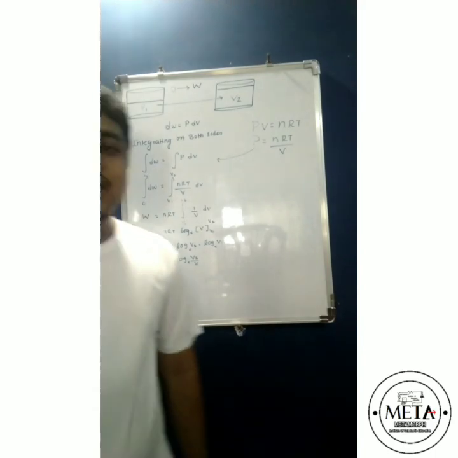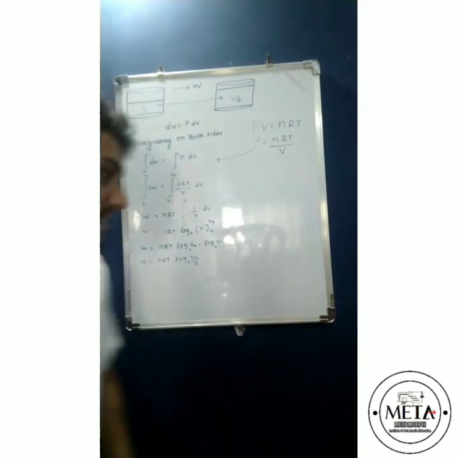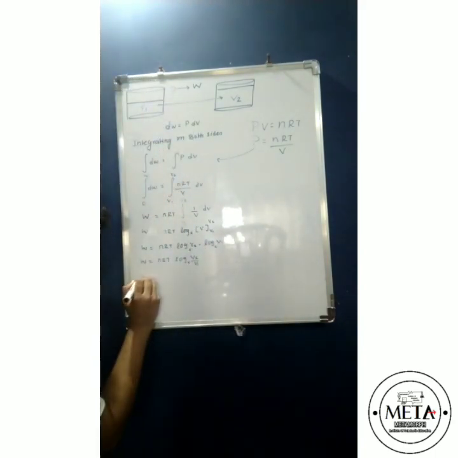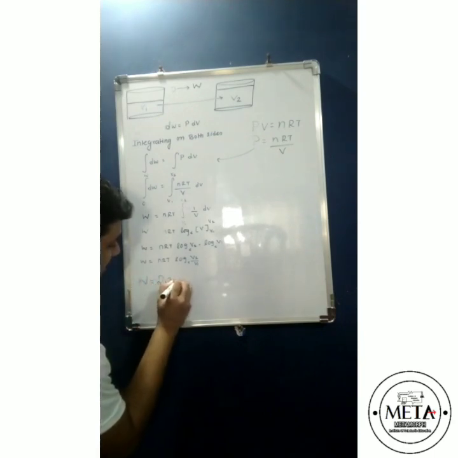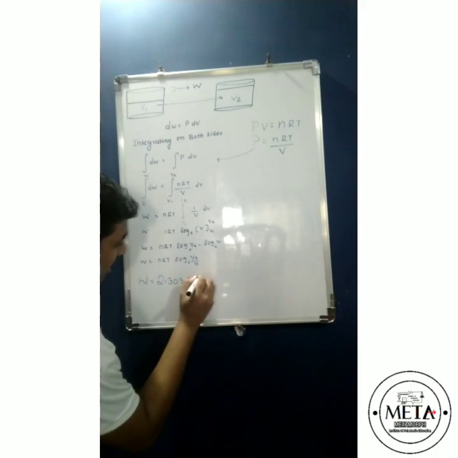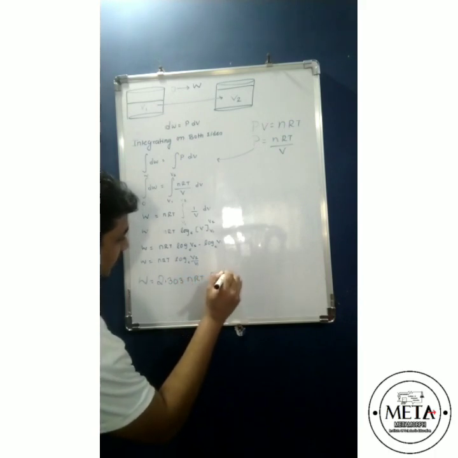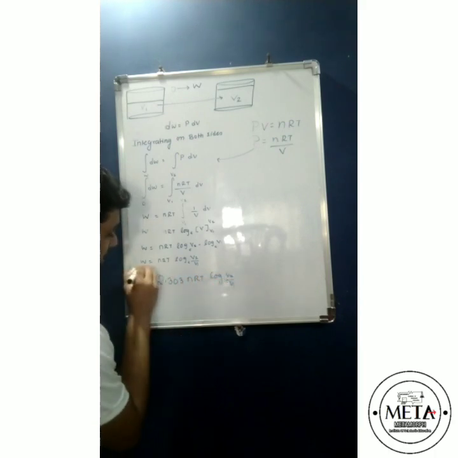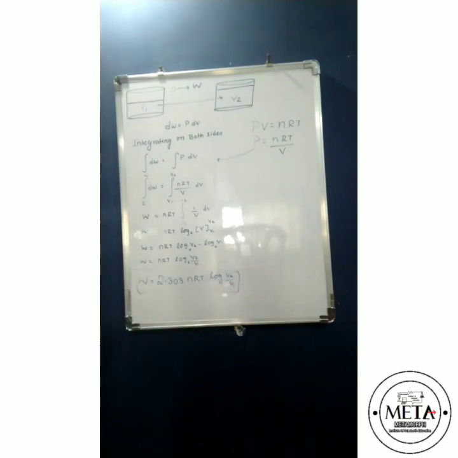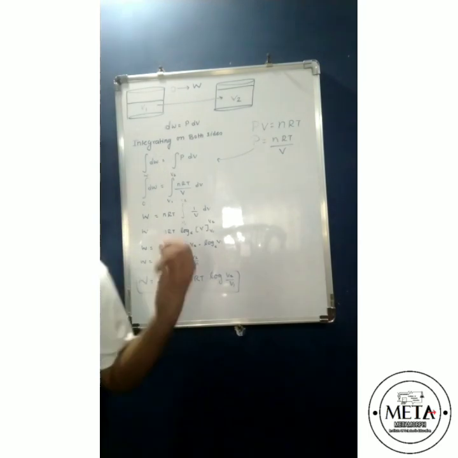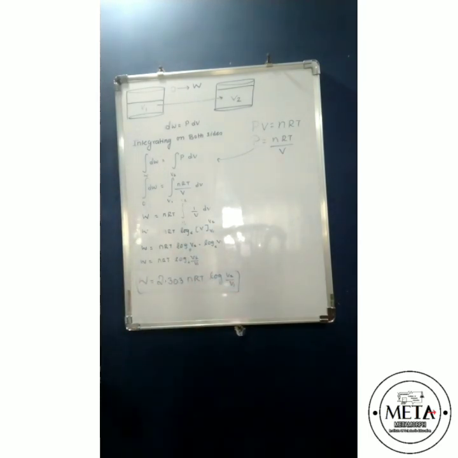And you know it's the natural logarithm. To convert it into base 10 logarithm, you need to multiply it by 2.303. So the amount of work done is equal to 2.303 nRT log of V2 by V1. This is the amount of mechanical work done in a reversible isothermal process when the volume changes.